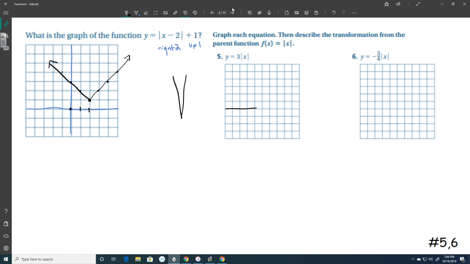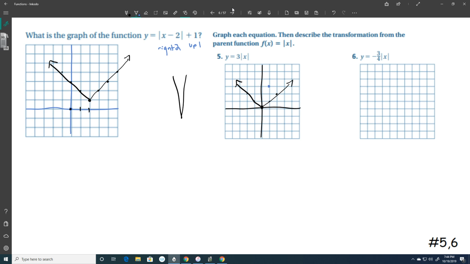So my normal graph, the way that would normally work, notice I'm not shifting anywhere, so I still start at 0. But normally I would go over 1 and up 1. This is what my normal graph would look like. Okay, that's normally what I would do. But I'm being stretched vertically by 3, which means when I go over 1, I go up 3 instead of only up 1.